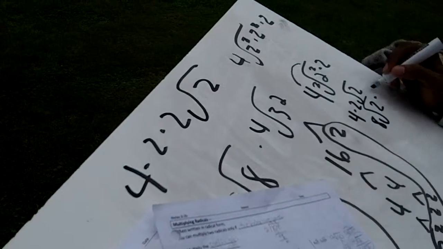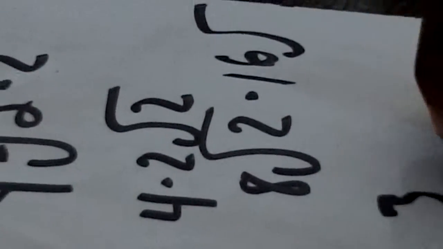And what you would get, I'm going to work it out over here: 4 times 2 times 2, and then this will be under the square root of 2. And 4 times 2 is 8, and 8 times 2 is 16. So you get 16 left over with 2. And 8 times 16 is 32.